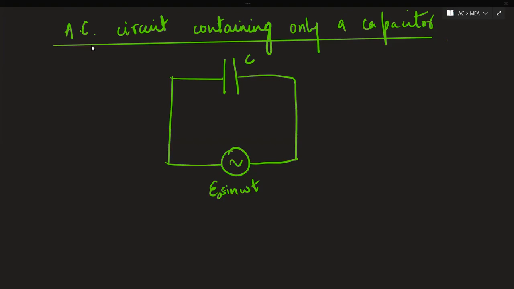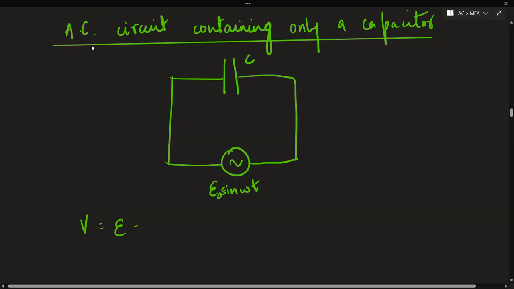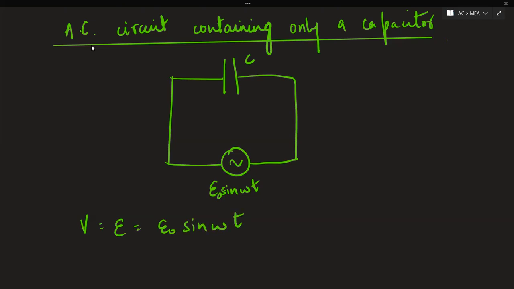Now see, the capacitance of the circuit is C. Here the potential, or E as you say, is E naught sine omega t. Potential, charge and capacitance, how are these three related to each other? Yes, class. Potential, charge and capacitance, how to relate these?